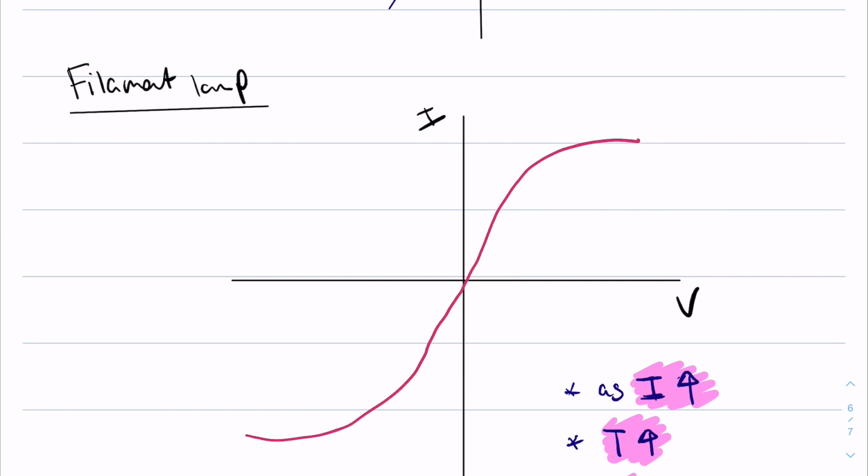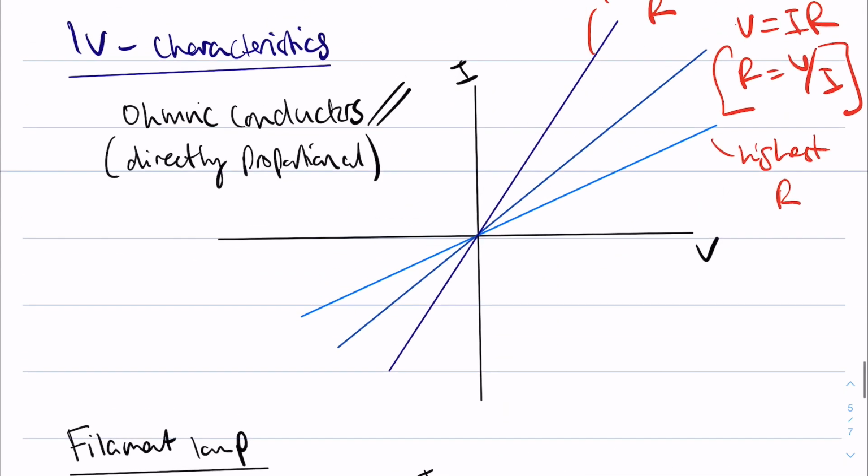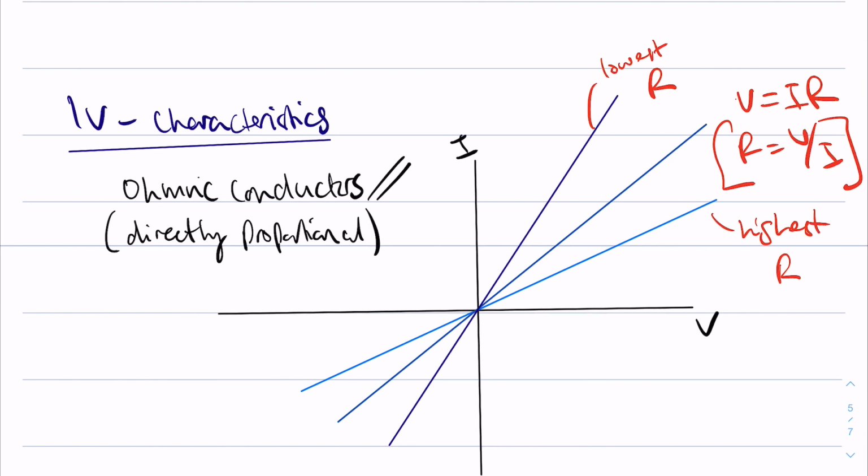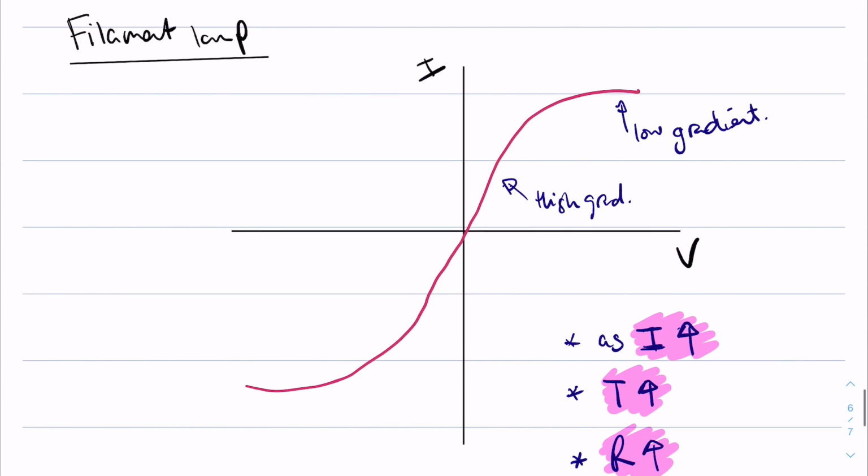Here is a high gradient, here is a low gradient, and in fact it's a flat line at the end. From our ohmic conductor graph, we have high resistance at shallow gradients and low resistance at steep gradients. Therefore, the resistance is increasing, and that's how you remember which way around the S shape is.